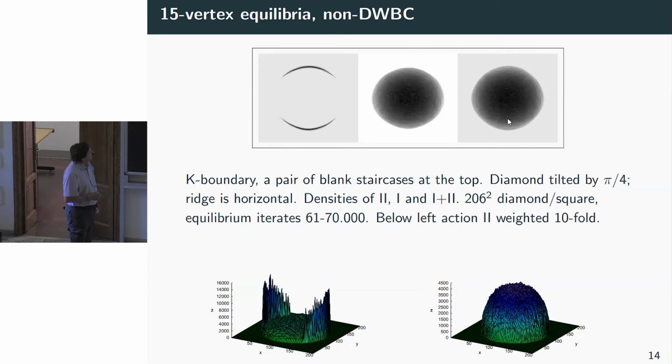When you weight this part tenfold compared to this one, then you can see where it is in there. So this thing in here corresponds to this part in here, where the action 2 takes place.